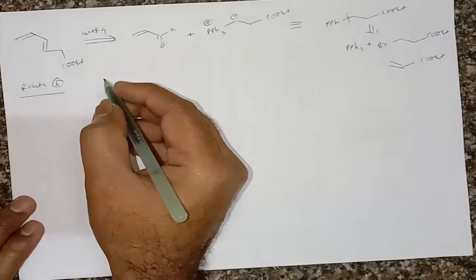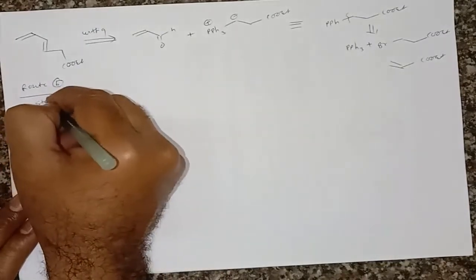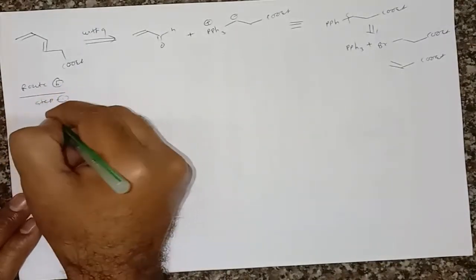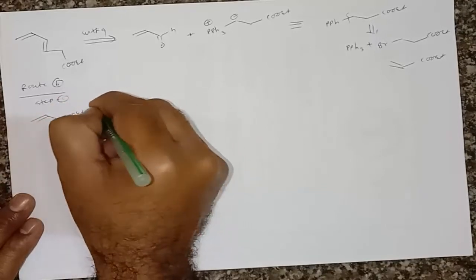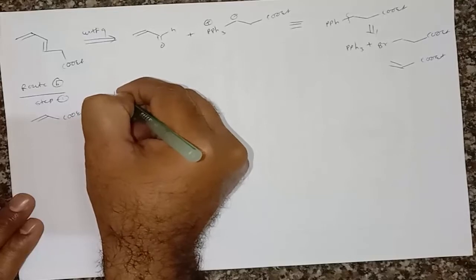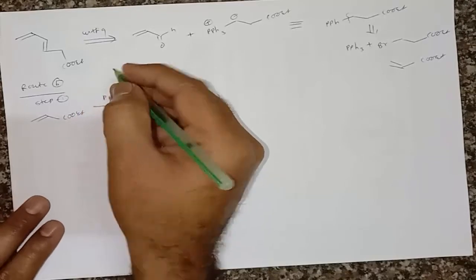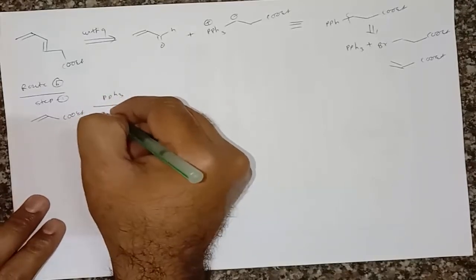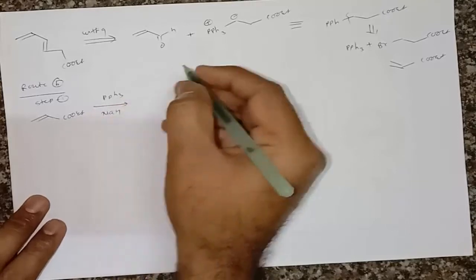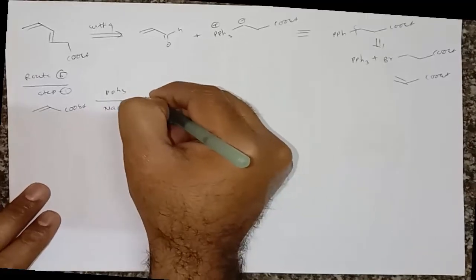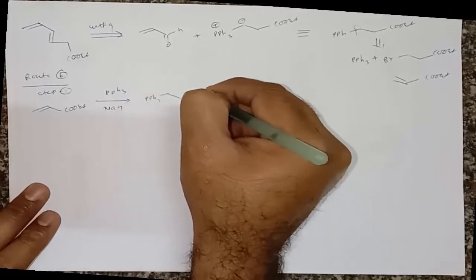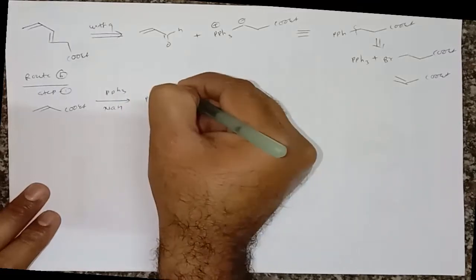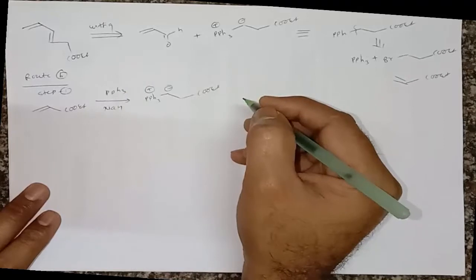How can we use it here? In the first step, we can take this ester and treat this compound with triphenylphosphine, and secondly we can use a base, that is sodium hydride. So it gives formation of PPh3 then CH2 COOEt, negative charge here, plus charge here, right?